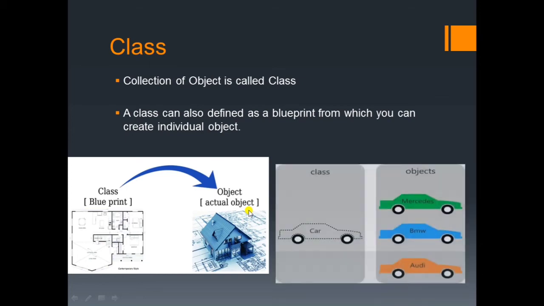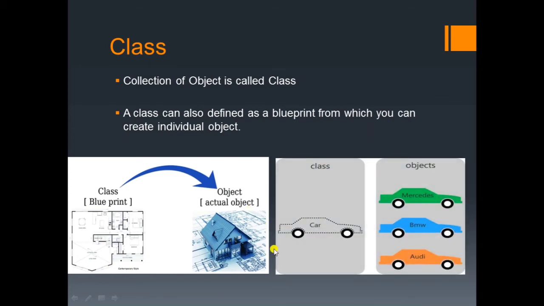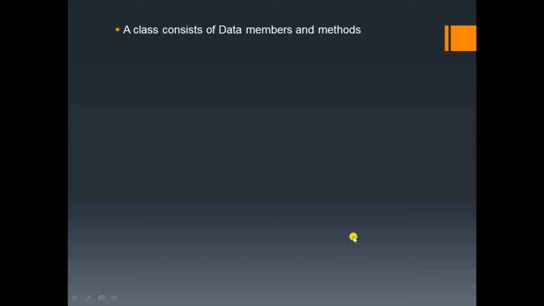The next example is the blueprint of a car, and from the blueprint we can create objects like this, different types of objects. These are built from the blueprint. A class consists of data members and methods.